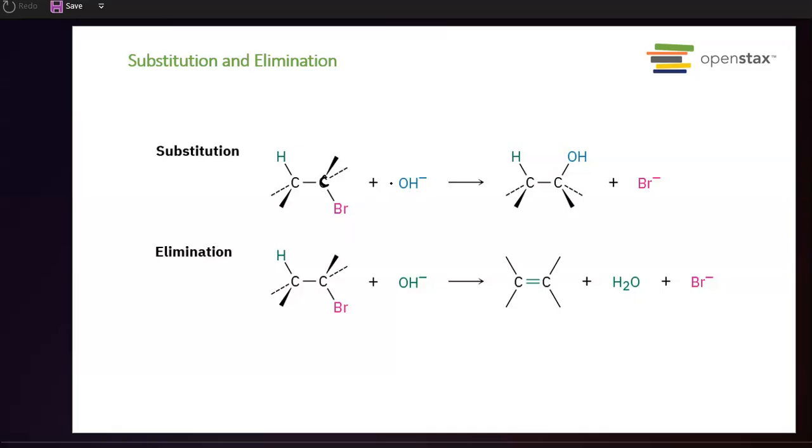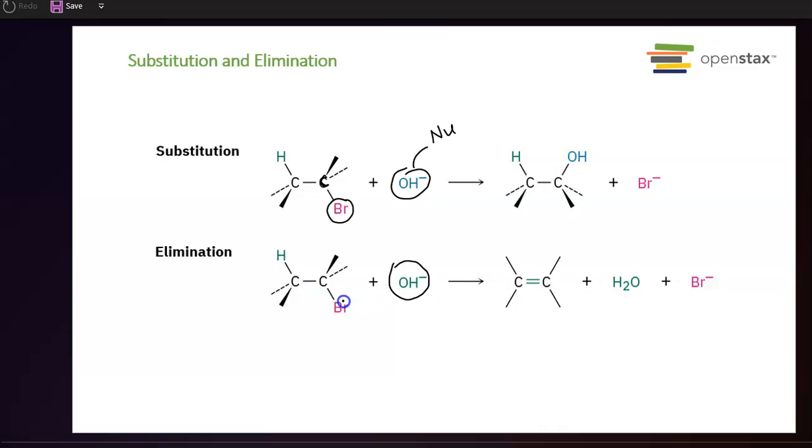Sometimes the same reagent, for example the OH minus here, can bring about both reactions. So this is acting here as a nucleophile and replacing the Br with the nucleophile. So it's a nucleophilic substitution reaction. We're substituting a halogen with a nucleophile.